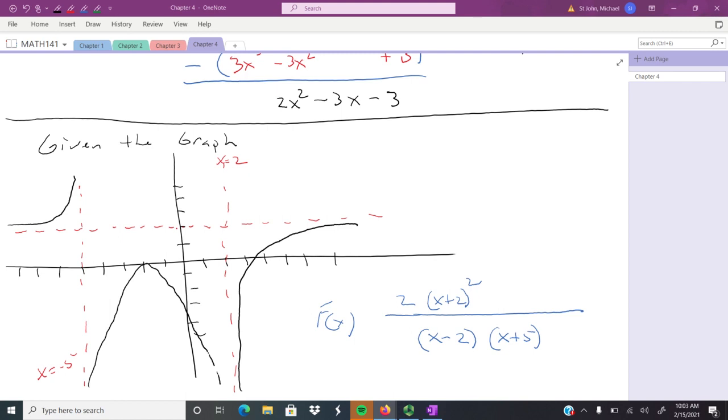And let's see, what else can we figure out about this thing? And let's see, we got our asymptotes. So what do we have so far? x minus 2, x plus 5.